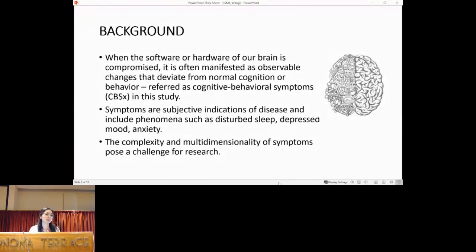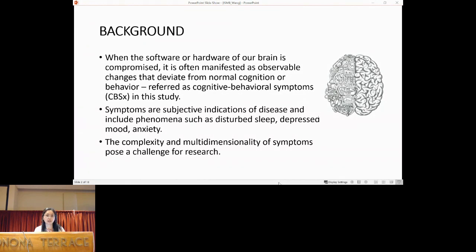When something goes wrong with the software or the hardware of the brain, it will manifest as observable changes that deviate from normal cognition or behavior, referred to as cognitive behavioral symptoms in this study. So symptoms are subjective indications of disease and include phenomena such as disturbed sleep, depressed mood, anxiety.